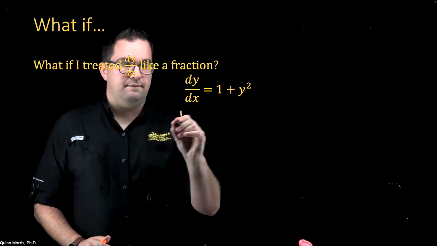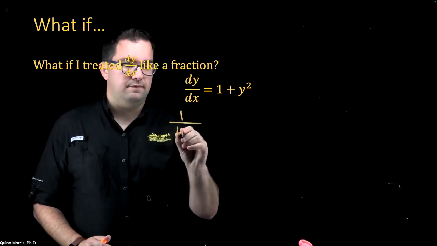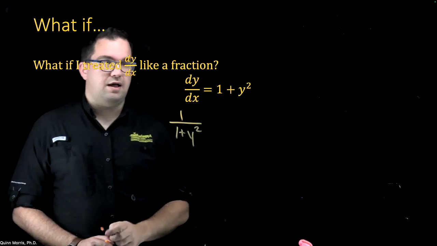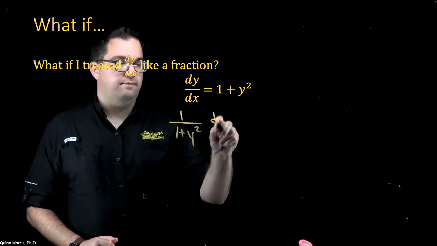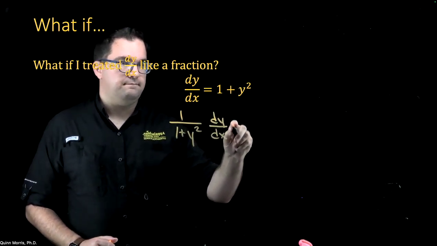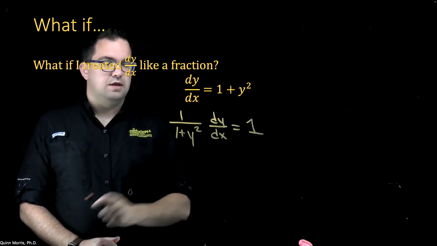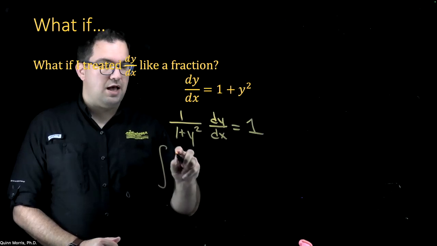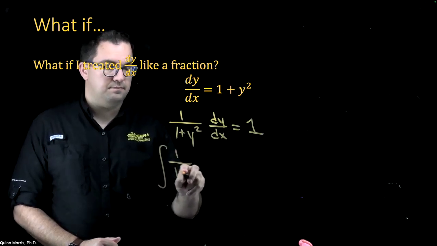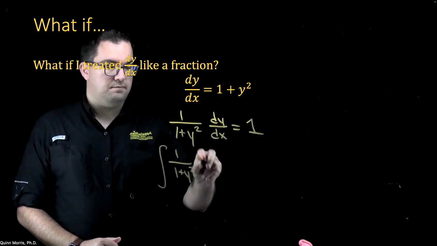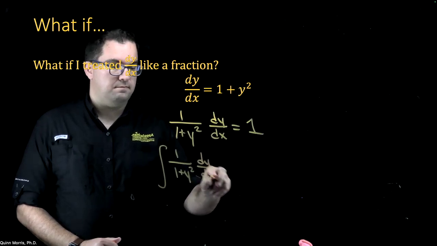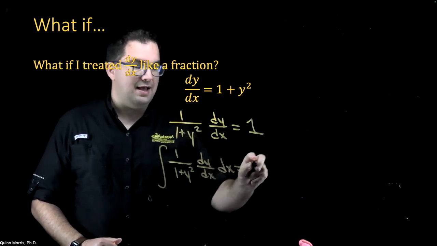But go ahead and divide that 1 plus y squared over. And you would get this. And now integrate both sides with respect to x.